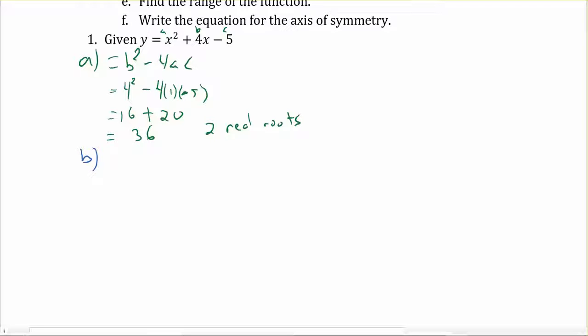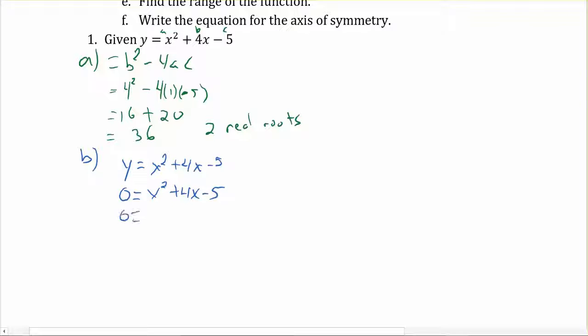The original equation was y is equal to x squared plus 4x minus 5. And if I want to find my x-intercepts, then I'm going to make y equal to 0, remember? So 0 is equal to x squared plus 4x minus 5, and then just factor this.